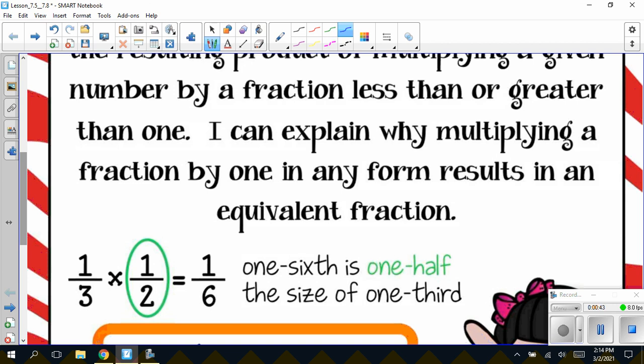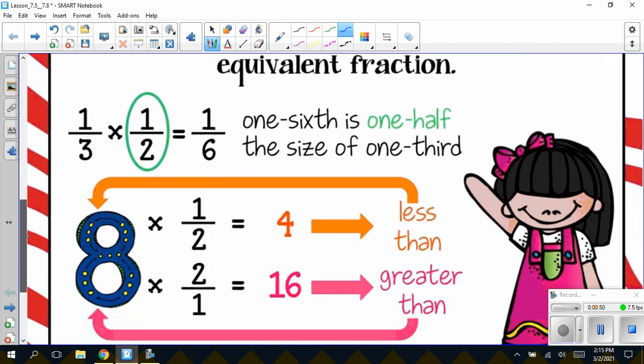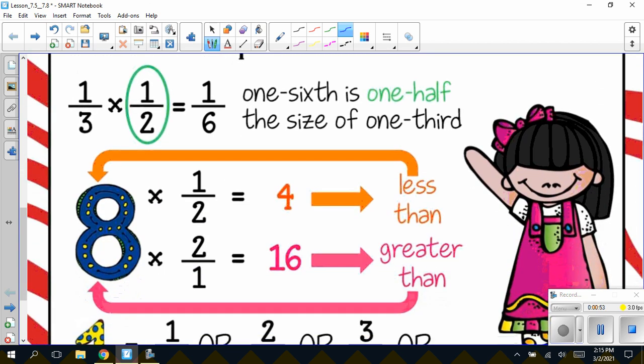I can also explain why multiplying a fraction by 1 in any form results in an equivalent fraction. So today we are not actually multiplying the fractions together or multiplying any mixed numbers and fractions together. We are just going to state whether our answer is less than, greater than, or equal to one of the factors that we are working with.